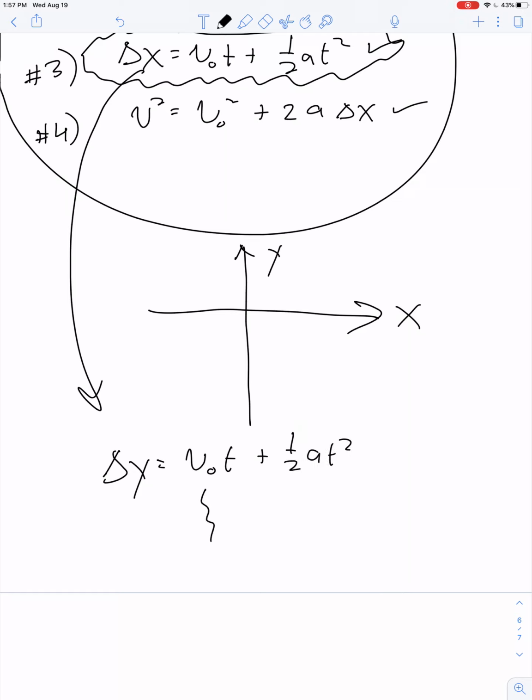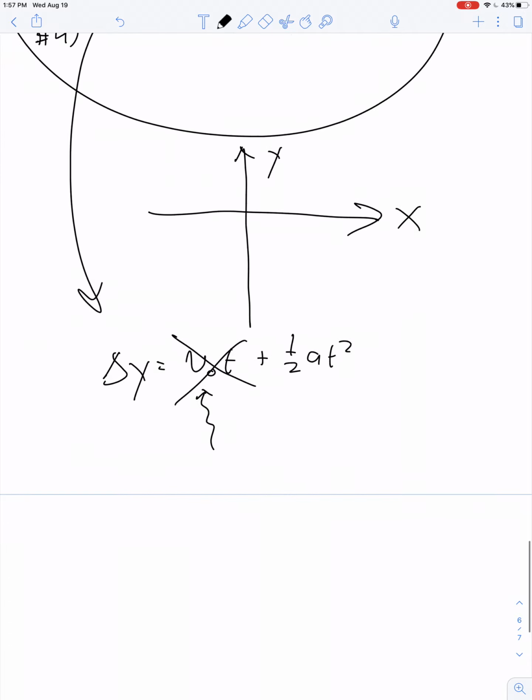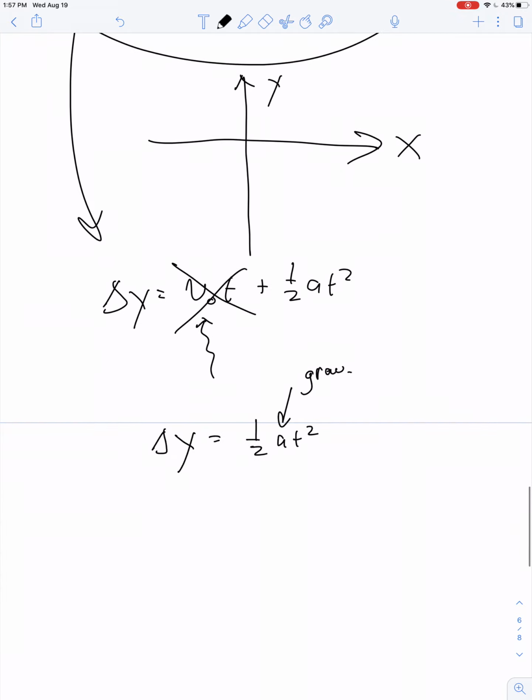Now sometimes initial velocity is 0, like when you just release an object from a state of rest. So that equation becomes delta y equals 1/2 at squared. And in a case where gravity causes the acceleration, then we say delta y equals 1/2 gt squared.